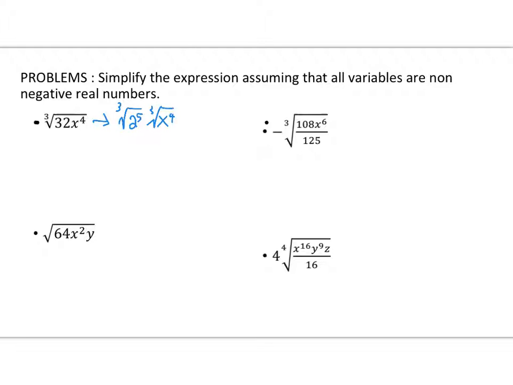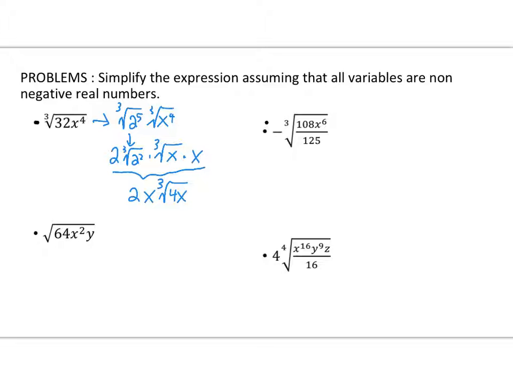Now I can take a 2 out and I'm left with the cube root of 2 squared, and I take an x out of the x to the fourth. Combining everything, I get 2x cube root of 4x. So that's my answer to this problem.